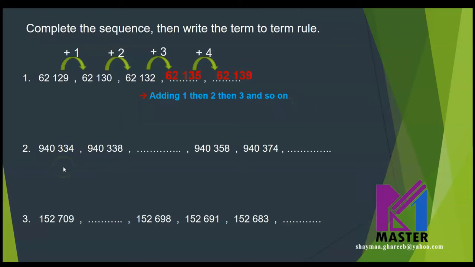Now, let's check the second one. 940,334, 940,338. What happened? I added 4. And I have a missing term. Don't continue as adding 4 until you check what's going on or the relation between all the terms. So I will go to these two terms and check what's going on here.